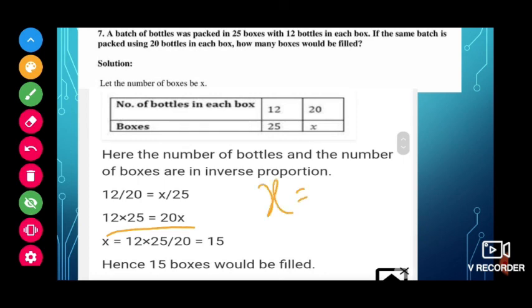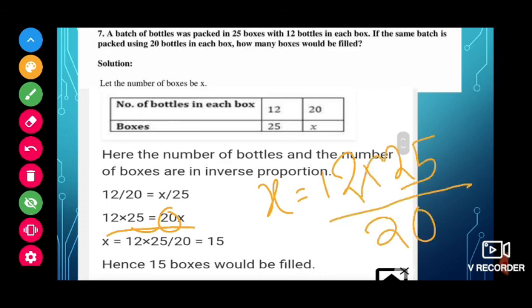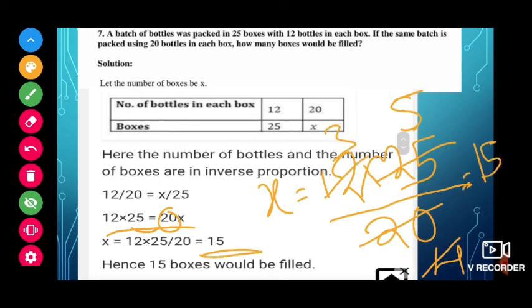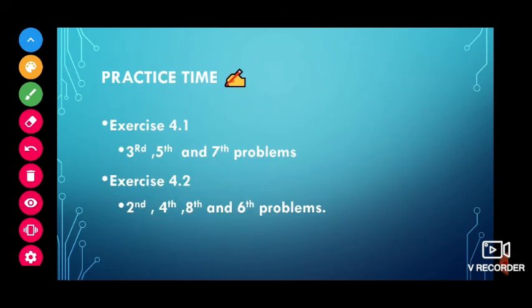So x is equal to 12 into 25 by 20. With the 5 table, 5 fours are 20, 4 ones are 4, 5 threes are 15. So 15 boxes is enough if we pack 20 bottles in each box. Next.